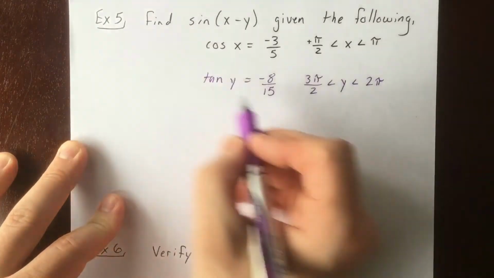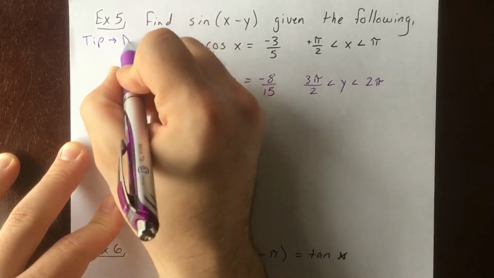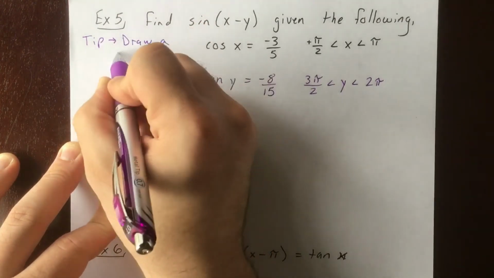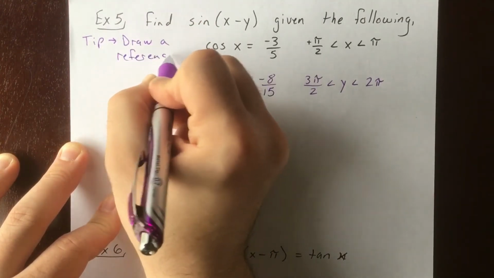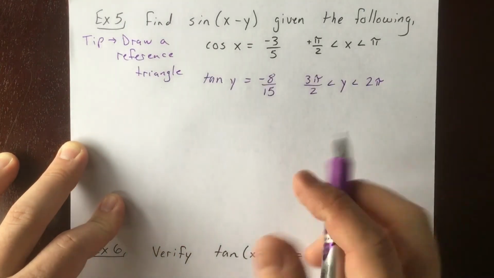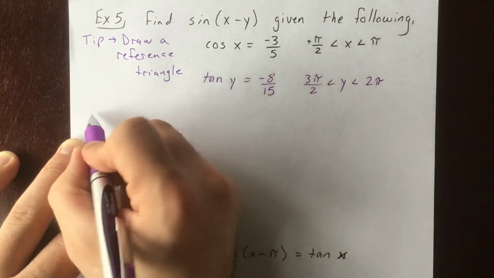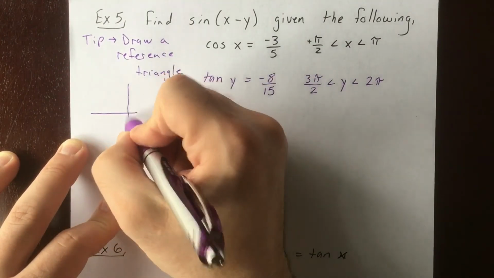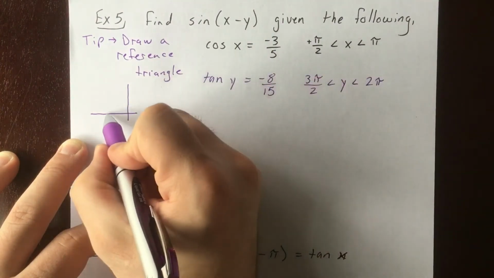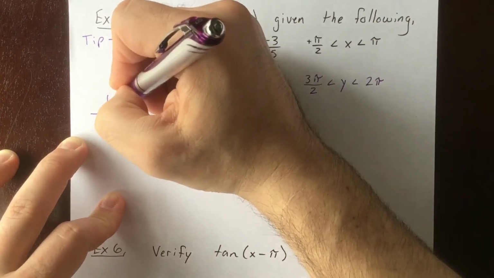So our tip to approach this is to draw a reference triangle. So we're in the third quadrant for x. Cosine is negative 3, and the hypotenuse would be 5, being cosine.